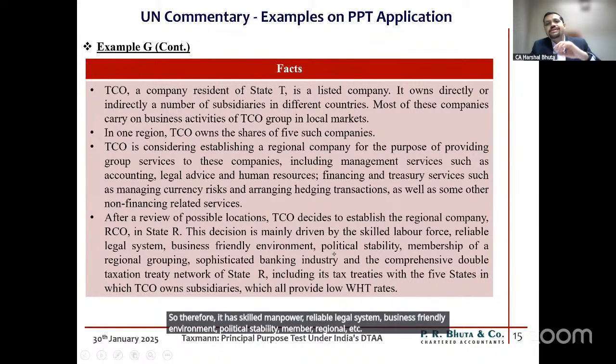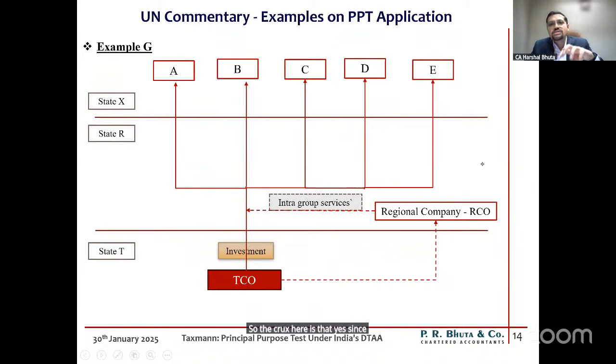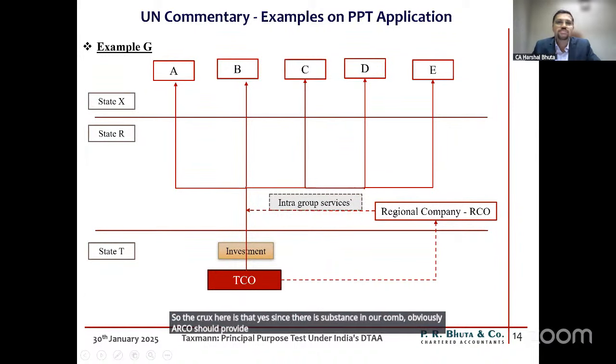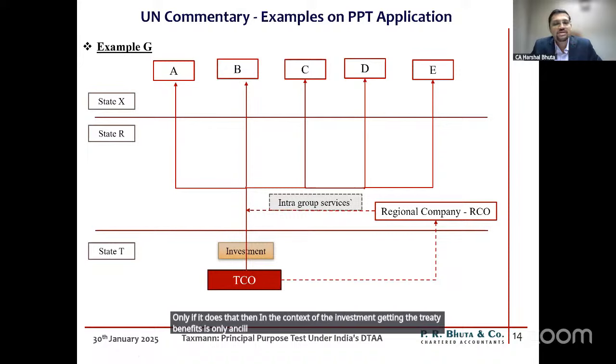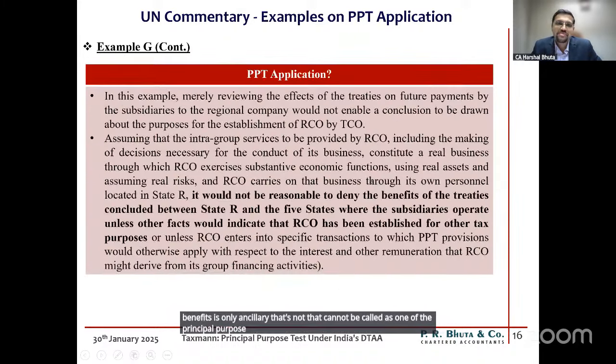So the crux here is that since there is substance in ARCO, obviously ARCO should provide all these services to all the group companies. Only if it does that, then in the context of the investment, getting the treaty benefits is only ancillary. That cannot be called one of the principal purposes. And that is why PPT cannot be applied in this case.